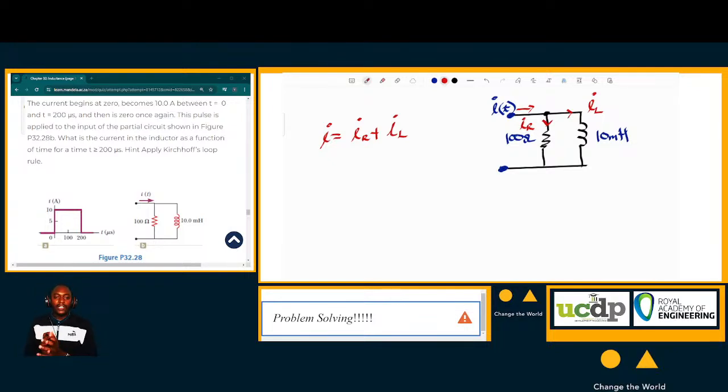So the question is asking us to determine what happens at t greater than or equal to 200 microseconds.